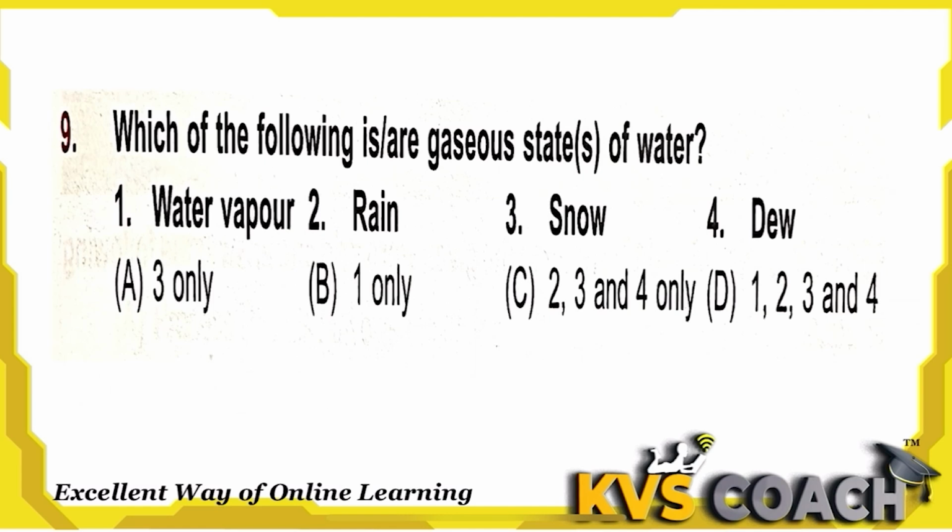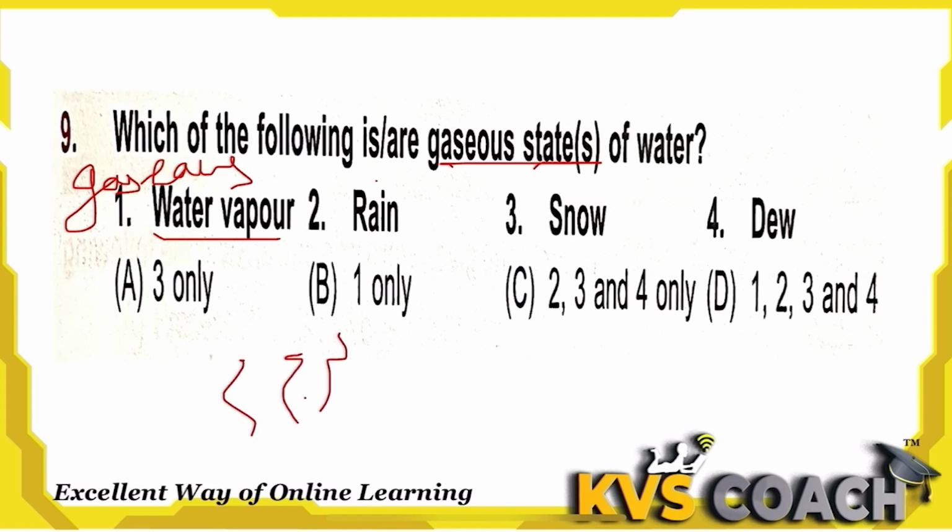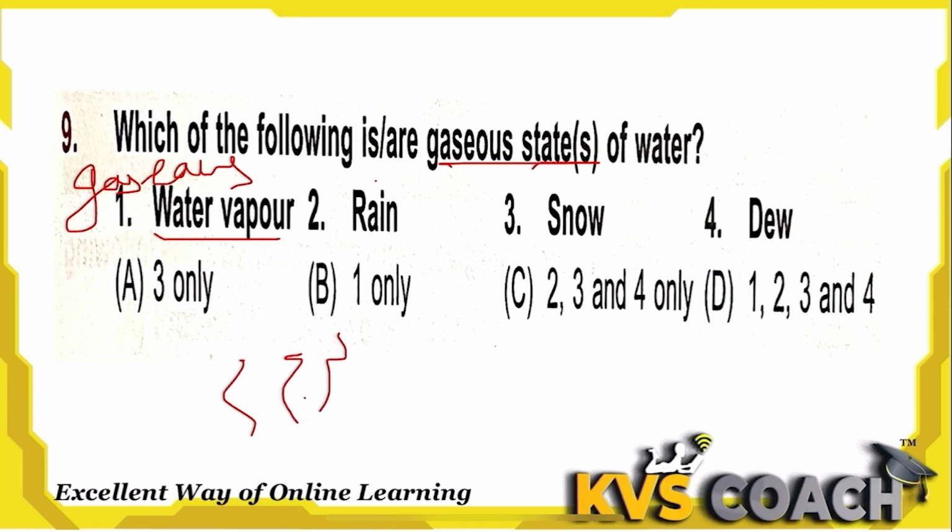Next question is, which of the following is the gaseous state of water? Water vapor. I already told you in previous questions that when water changes into vapor or steam, it comes into its gaseous state. If it is in a glass, we can drink it.